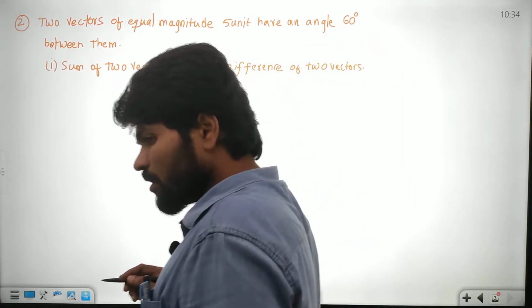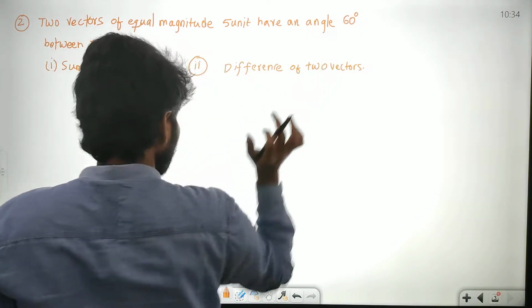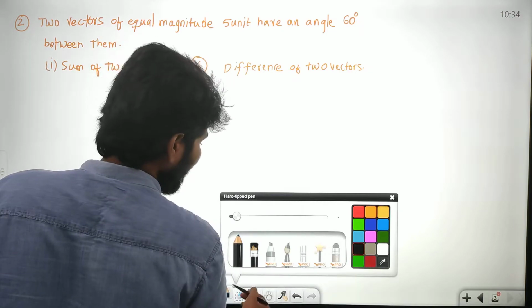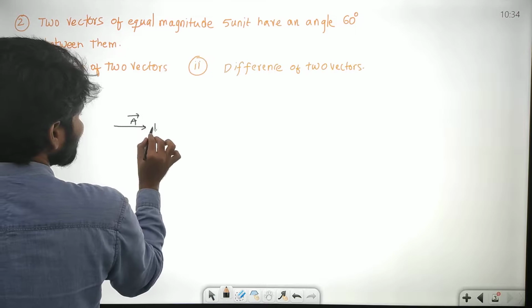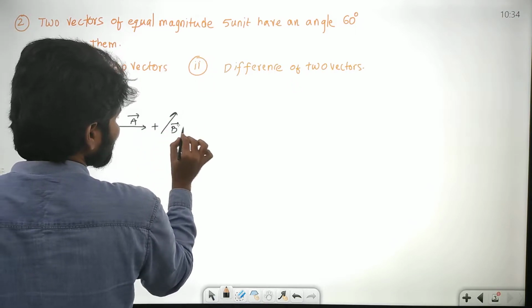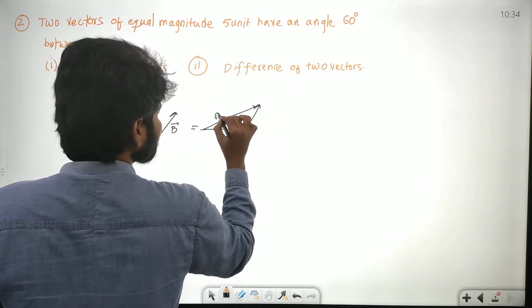Be careful while you are summing the vectors. If he didn't mention the angle, then only you can add vector A plus vector B, that is equal to vector AB.